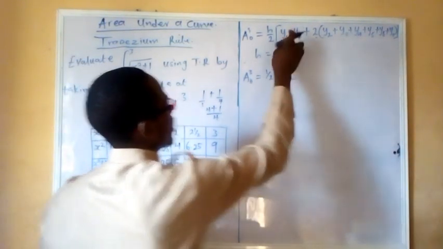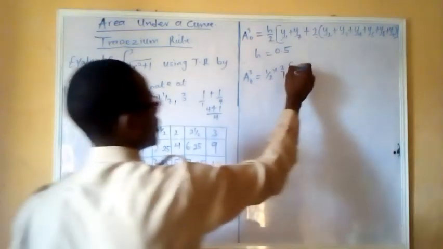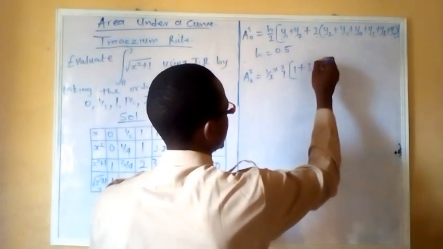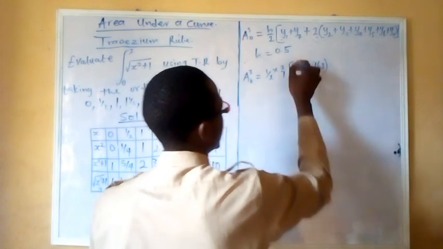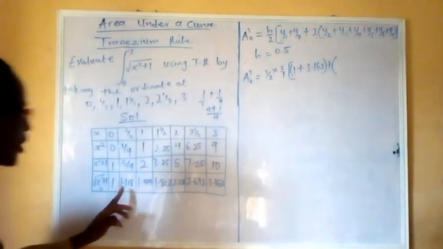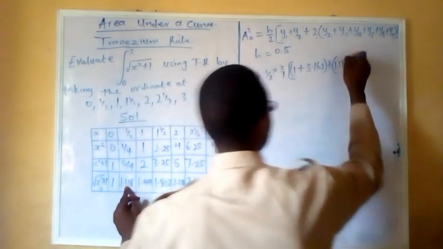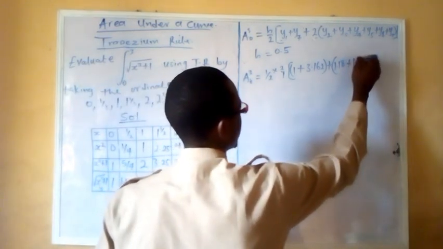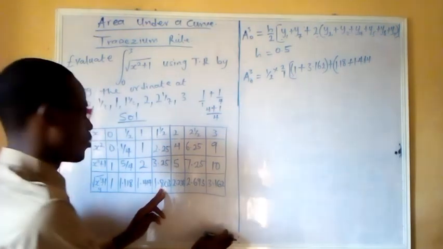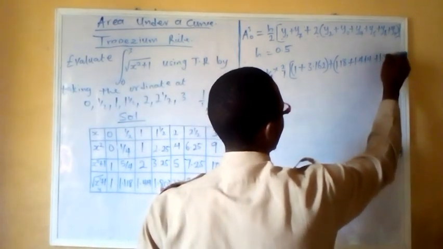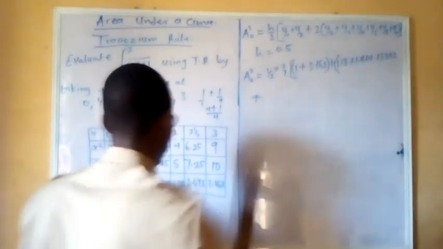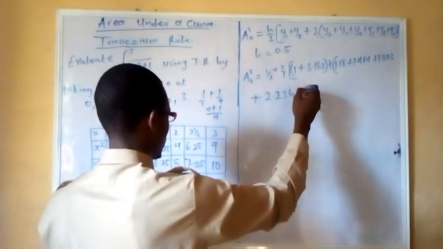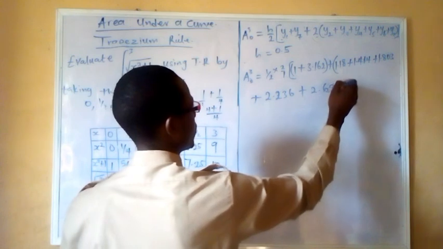So y1 becomes 1, plus y7 becomes 3.162, all plus the rest: y2 is 1.118, then 1.414, then 1.803, then 2.236, plus 2.693.